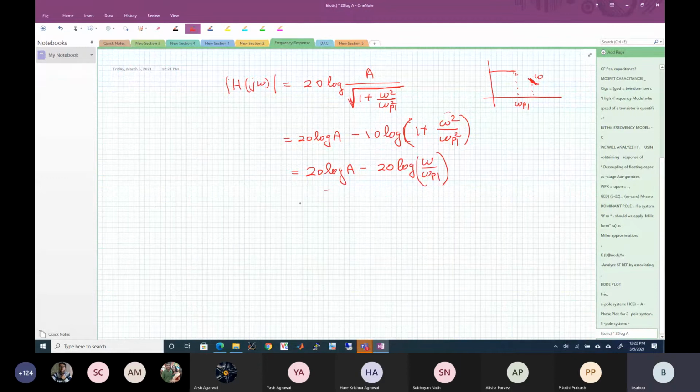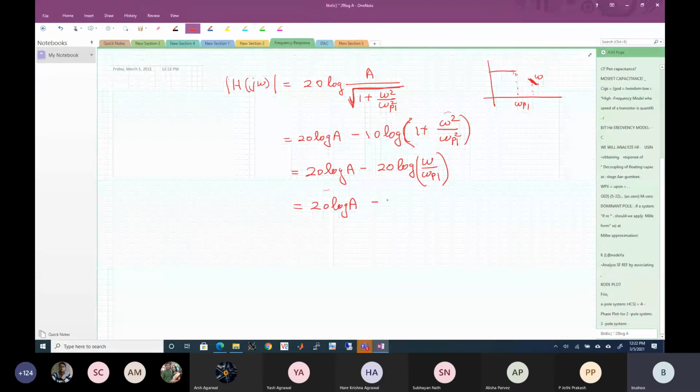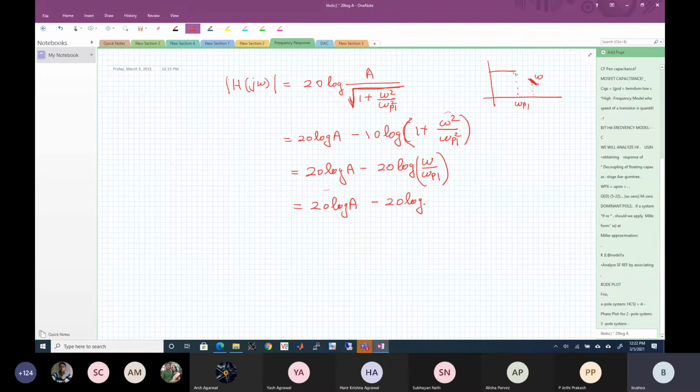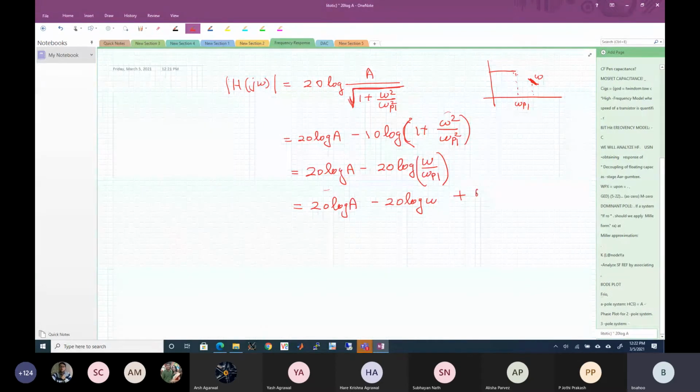So equal to 20 log of A minus 20 log of omega plus 20 log of omega p1. I am plotting this as a function of log of omega. So what is the slope of this?